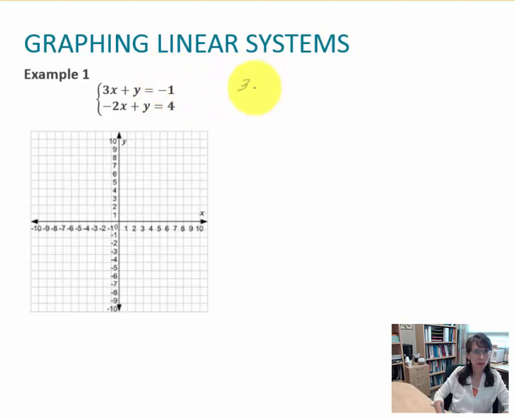So if I start with 3x plus y equals -1, I want to put this into slope-intercept form. So I'm going to take away 3x from each side of the equation to get y equals -3x minus 1. All right, I'll call this line 1. So I can clearly see that the slope is -3 and the y-intercept is -1.